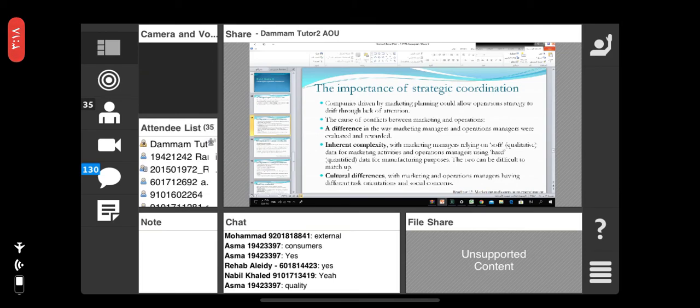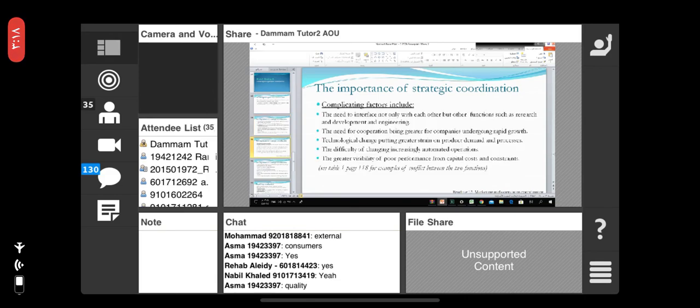عشان as I told you previously, if we need to coordinate between two departments, we have to list all differences first, right? Other complicating factors include need to interface not only with each other but the function. الفانكشن كمان completely different between الماركتينج والoperations.